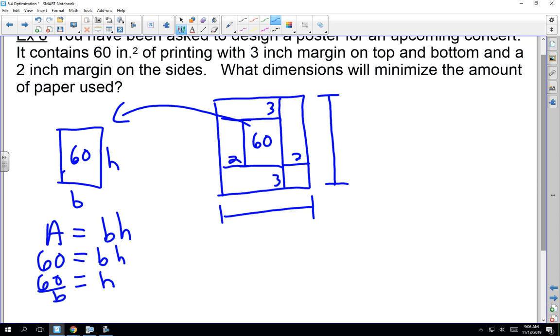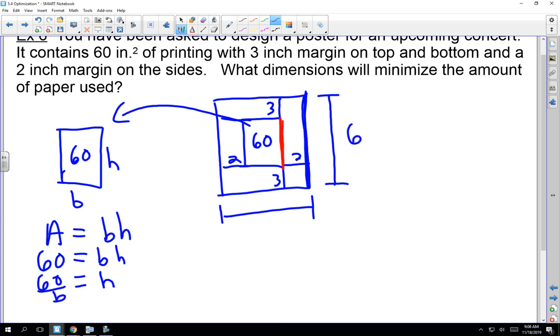So kind of a similar idea to that first one we did, except we were taking off the two x's. Here we're going to say this dimension right here is this 60 over b. Just that red part is 60 over b. The whole dimension from here to here is going to be that 60 over b plus the two 3's.